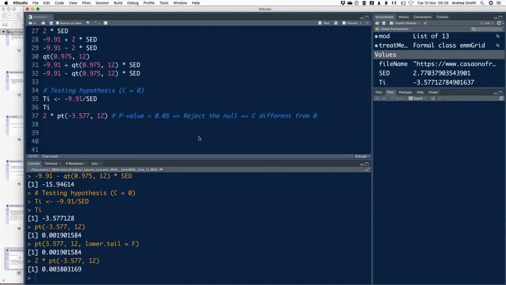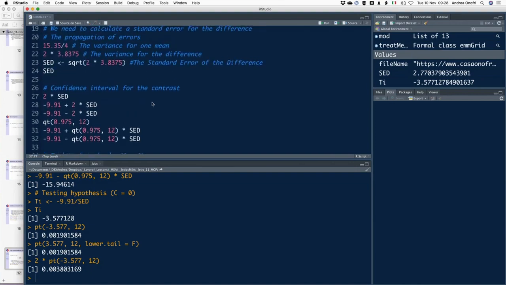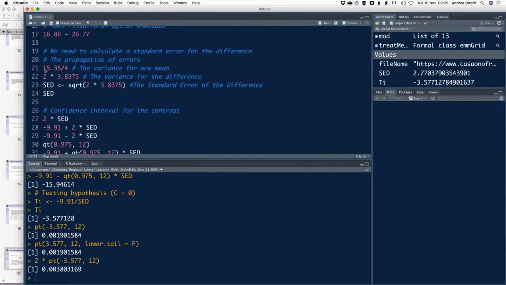So that is what we do. And it's very similar to a student's t-test, but the difference is that at the very beginning here, we are using 15.35. That is the residual mean square from the ANOVA table, because we are working under the homoscedasticity assumption.